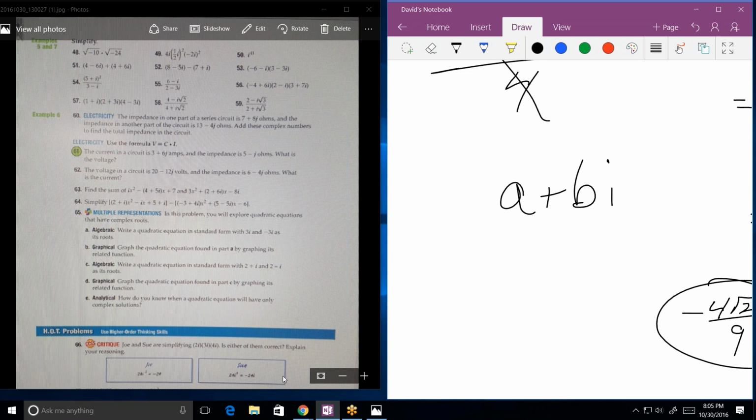Yeah, it's too bad we didn't do one of those because that is a little different. Just always remember those first 4 things that I started with: what i is equal to, i squared, i cubed, and i to the 4th. You want to always know what those 4 are.